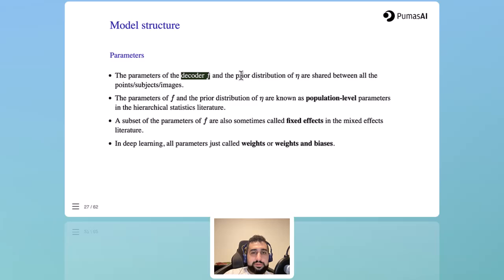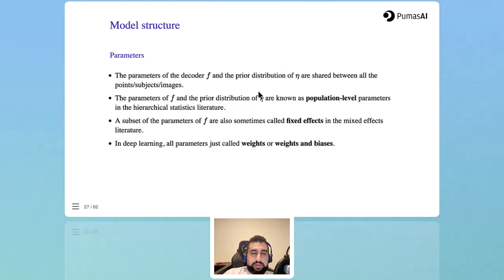And then there are some parameters for the prior distribution of eta. The idea is that those parameters are shared between all of the points. Unlike the latent variables, where we have a different set of variables for each subject, each point, or each image, the parameters of the decoder and of the prior distribution are shared between all the subjects. They're not individualized.